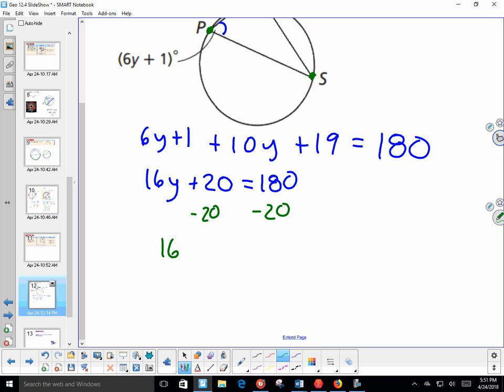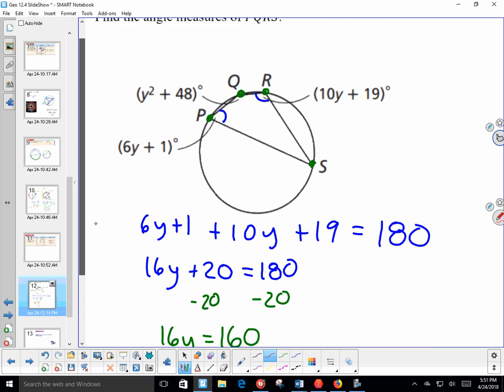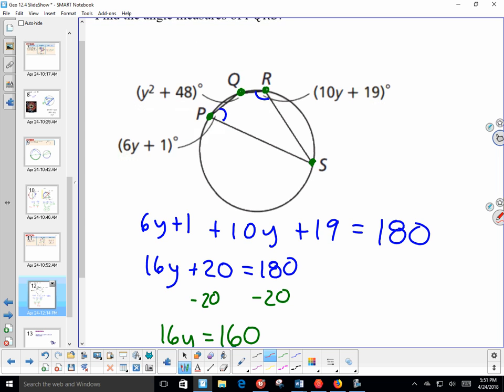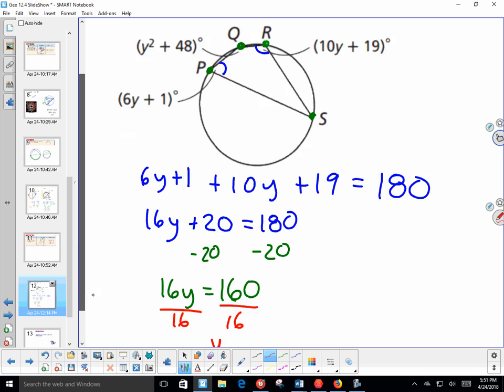And I'm going to get 16y equals 160. And then if I divide both sides by 16, I would get y equals 10. So I found the value of y. But remember, we're supposed to find all the angle measures. So can we plug in 10 for all of the values of y?